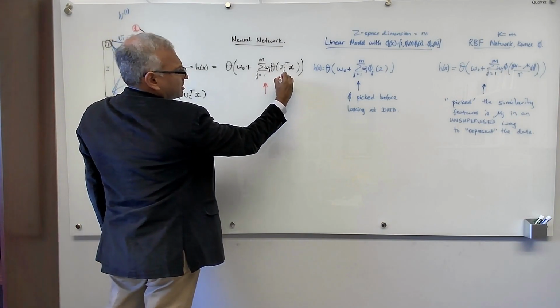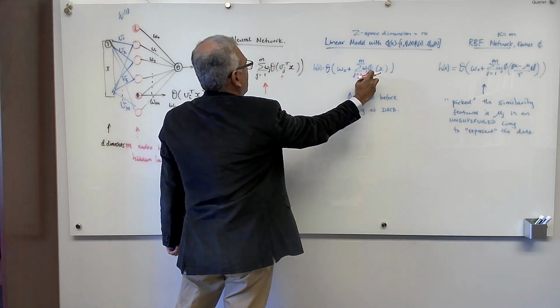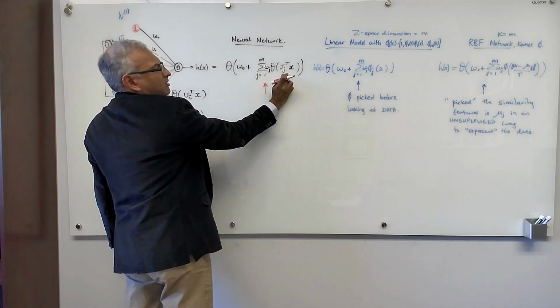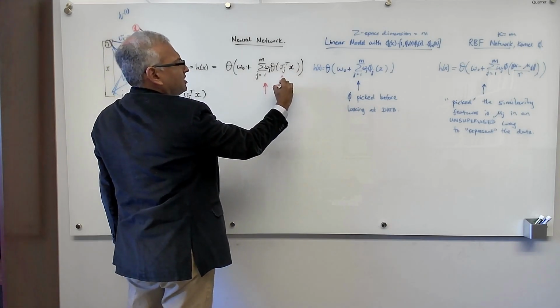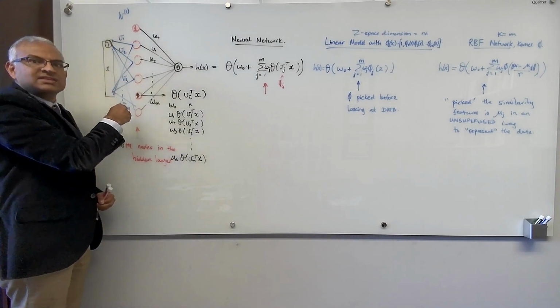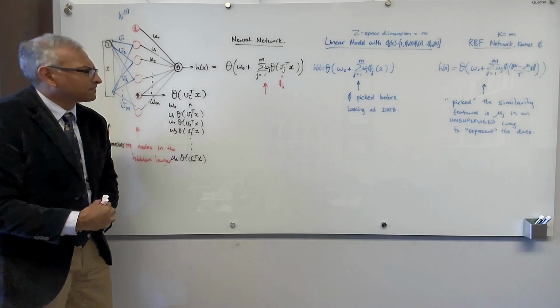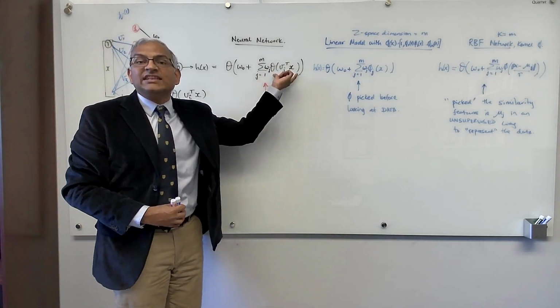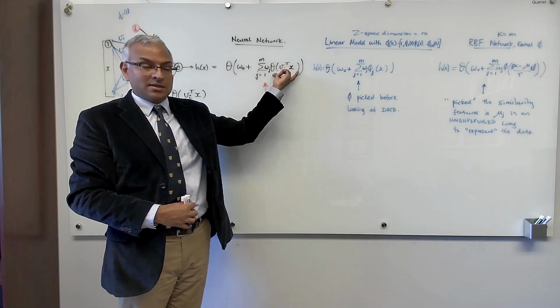You can think of this as analogous to phi j of x. Instead, it's theta of v j times x. So this here is phi j. And we are going to optimize these weights by fitting them to the data using gradient descent and backpropagation.